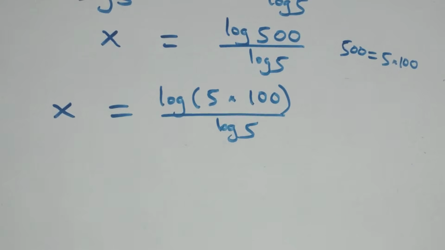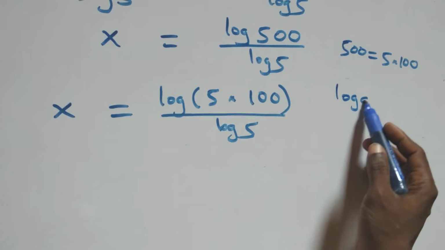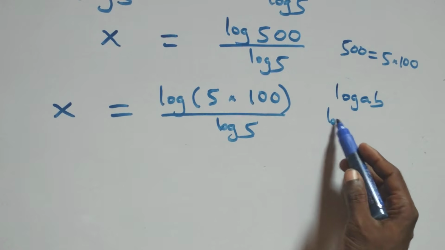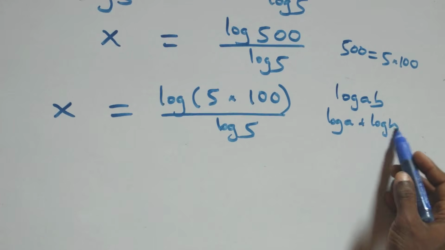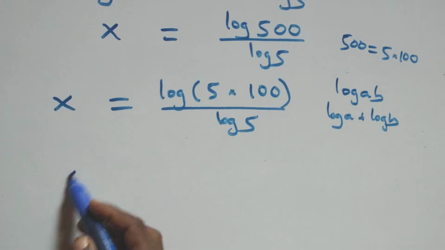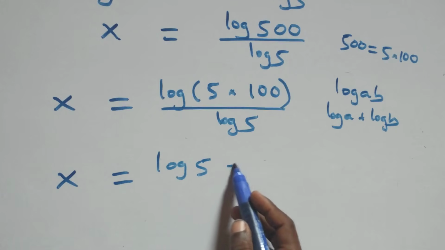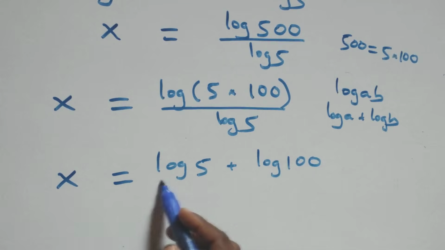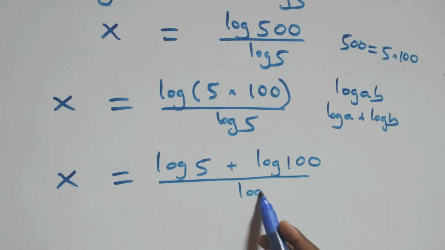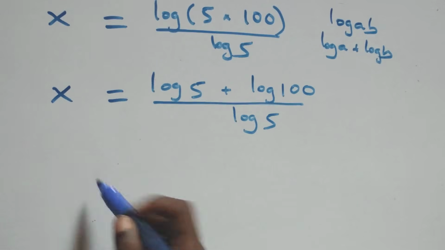That is, from here, this follows the law of logarithm. When we have log a times b, it is the same thing as log a plus log b. That is, here we have x equals log 5 plus log 100 over log 5. Separate this into two fractions.